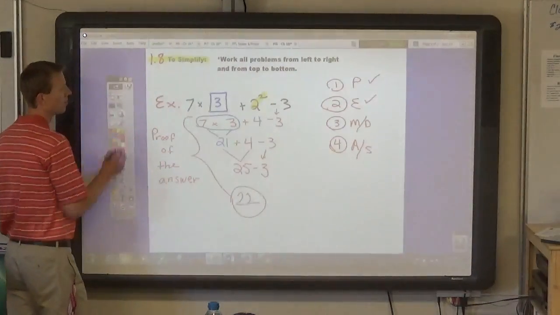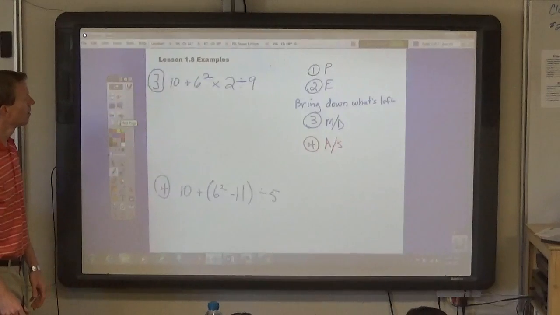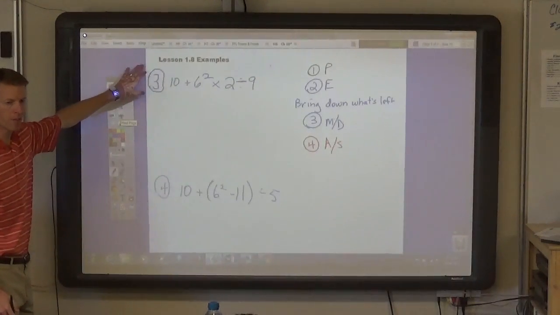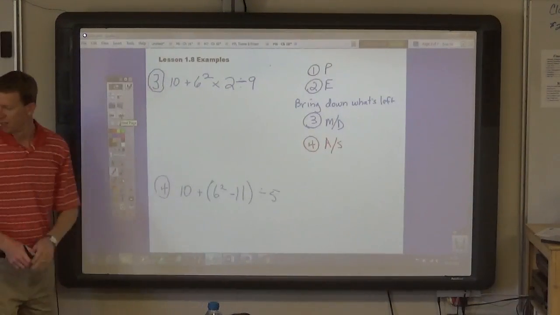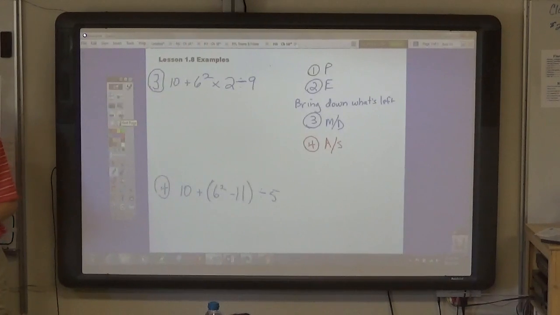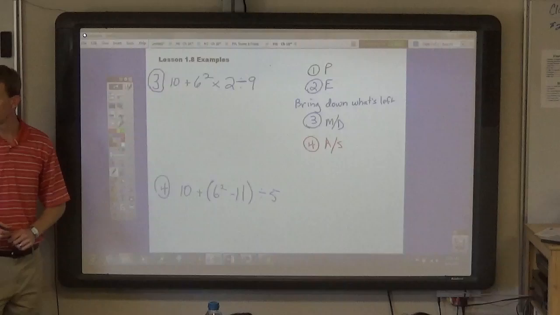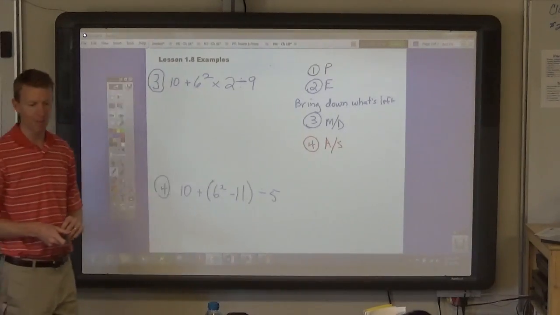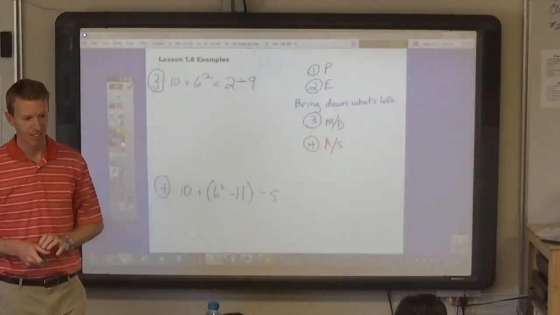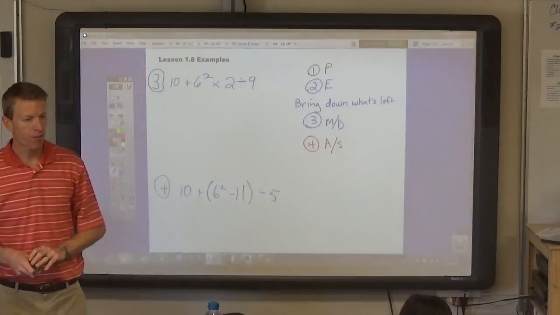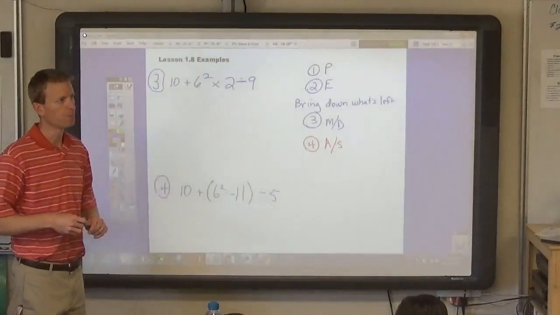Let's go to some more. More examples. Look at this one. This one's part of your homework. Number 3 on page 25. Yes, put it in your assignments. Page 25, number 3 is part of your homework.